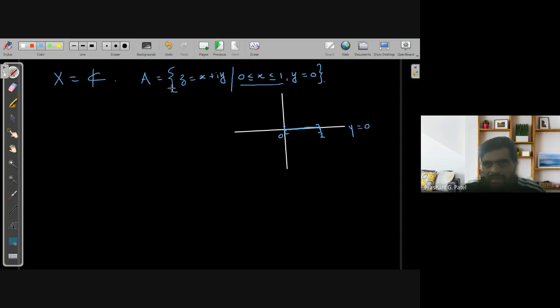This set actually represents the interval 0, 1, but as a subset of C with the usual metric. What is the interior of this set A? What is your argument about the interior of this set?